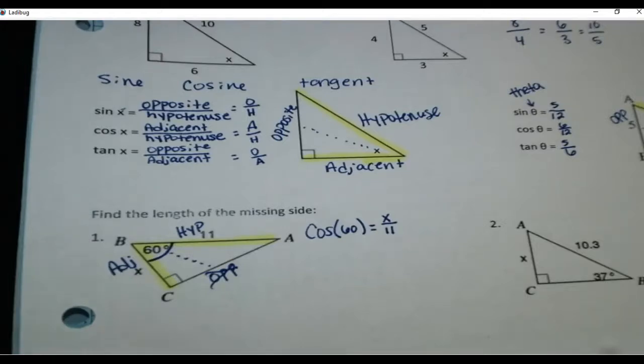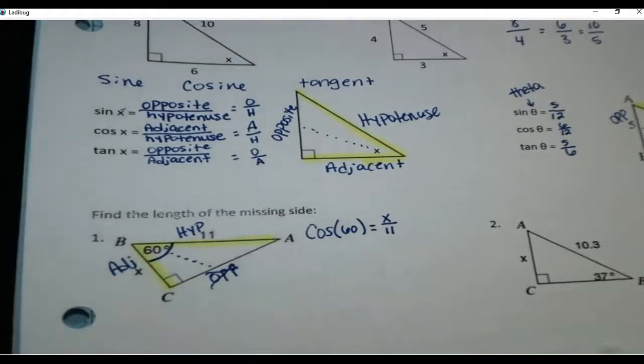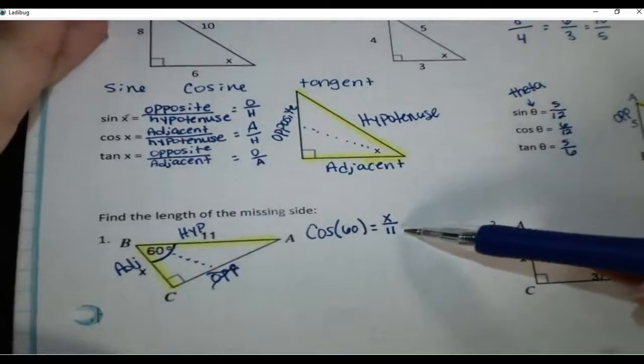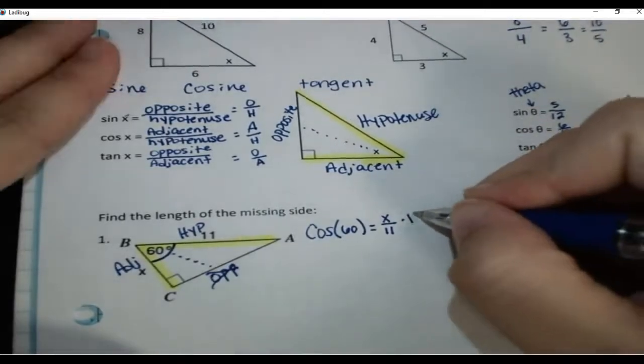Okay. Any questions so far? Highlighting, labeling, the equation? Okay. So from here, we just solve for x like it's a regular equation. If I have x divided by 11, how do I get rid of divide? Times 11.